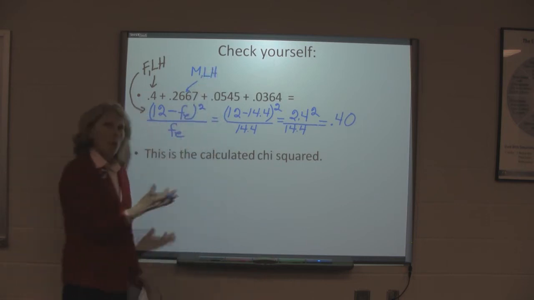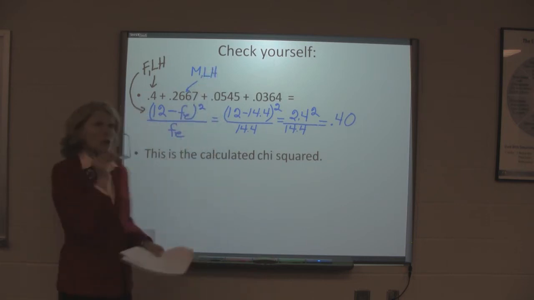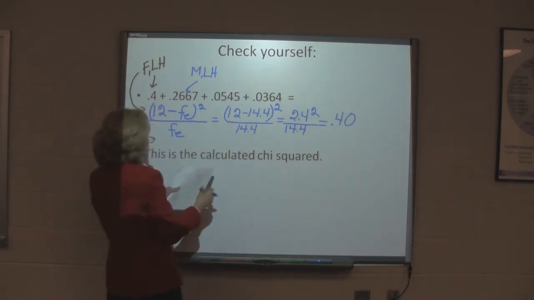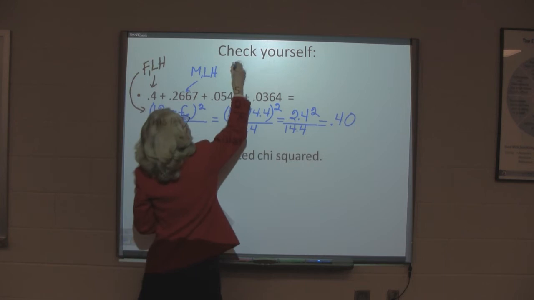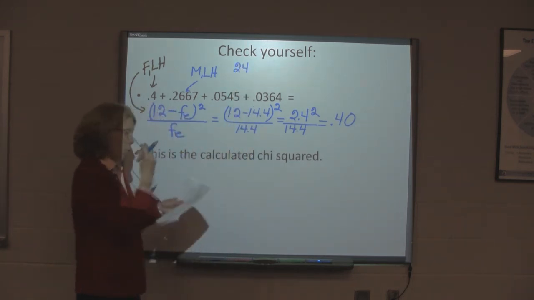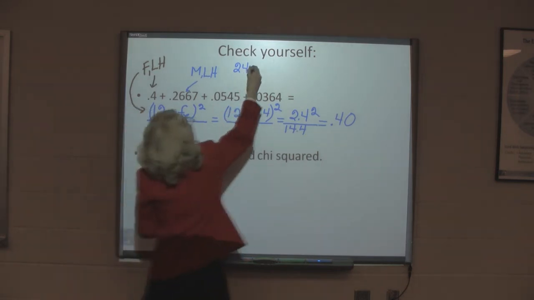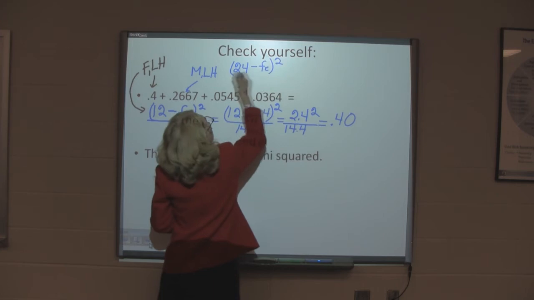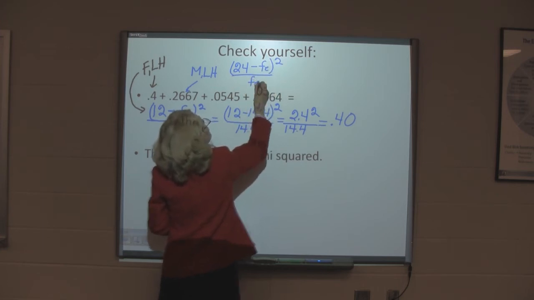That's the quadrant we're in. And so now let's do the formula for that one. There were 24 that were observed out of the sample of 180. Now minus F sub E squared over F sub E.